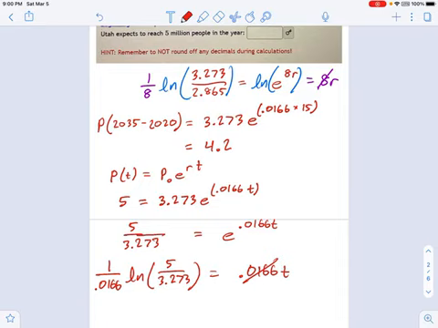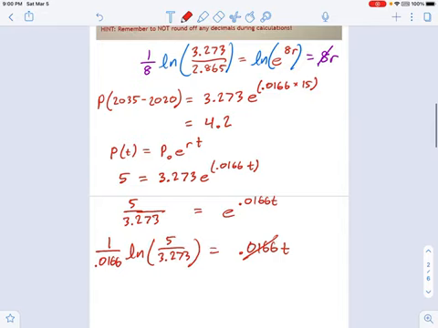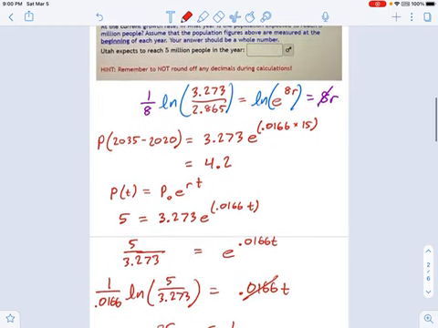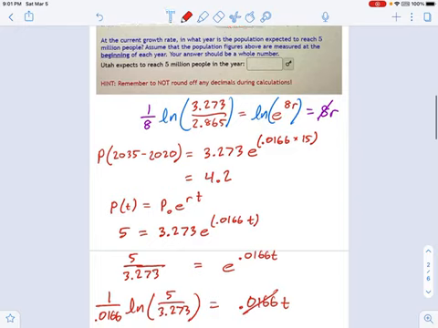Okay, if you punch that into your calculator, you get that t is equal to, on my calculator, 25 and some decimals. Now, here's the part where you have to just think this through a little bit. If it's 25 and a little change, in what year is that?